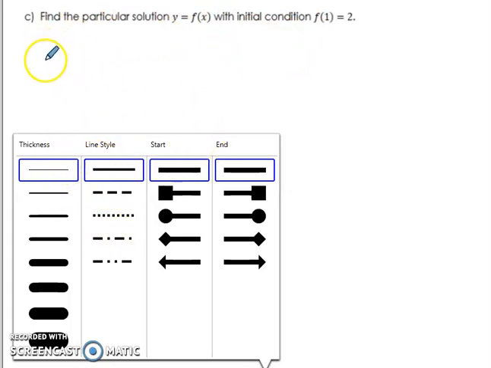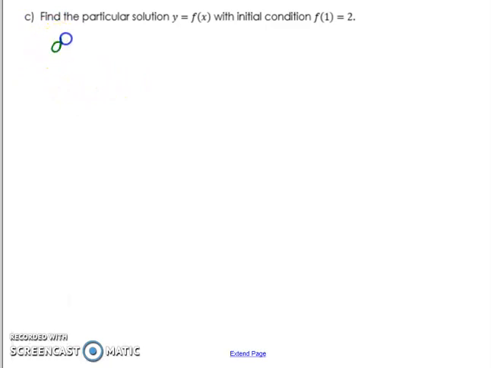So first thing we're going to do is write down our first derivative, because when we do separation of variables, we're only dealing with the first derivative. So dy over dx is equal to xy cubed.